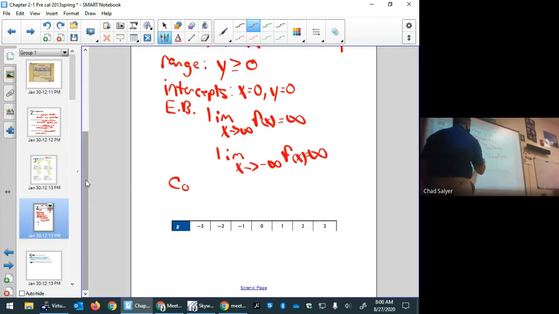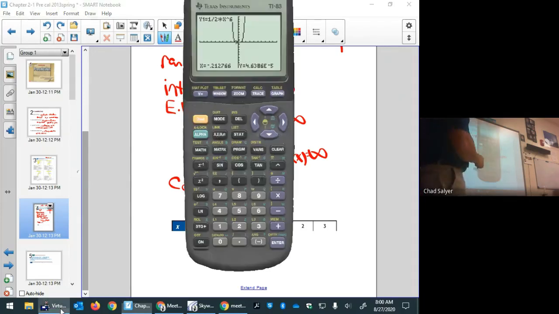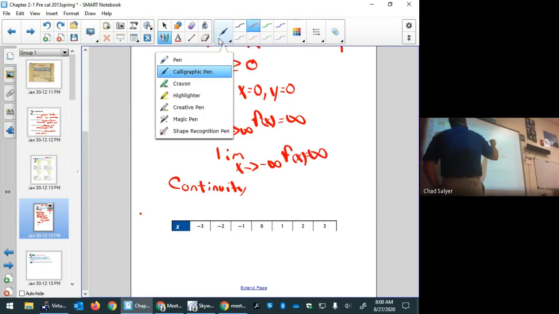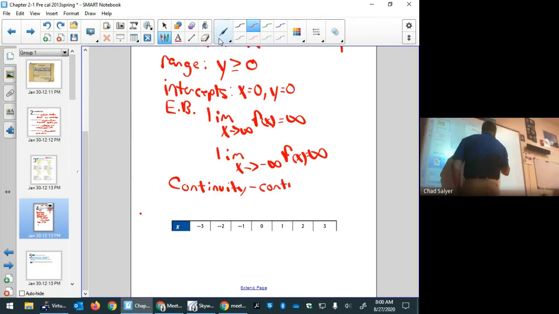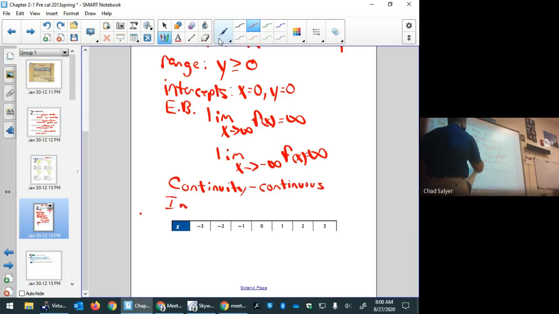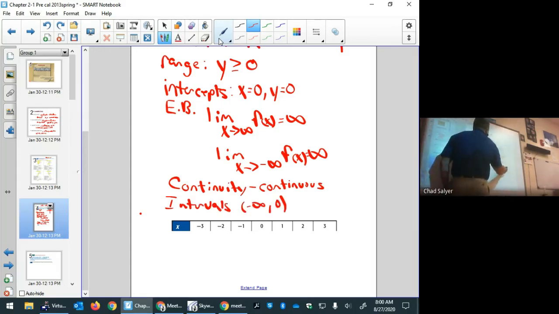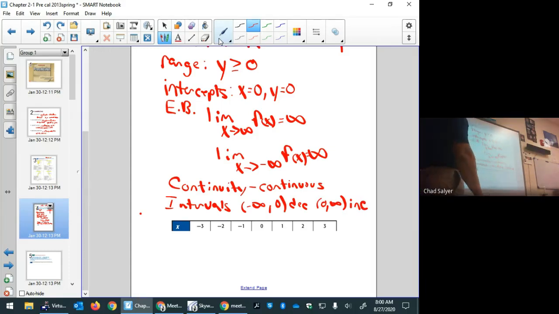So continuity. Just look at this and tell me, can you graph this without picking your pencil up? Yeah, there's never going to be a break. So this is what we call a continuous function. And then intervals, it's got two: negative infinity to 0, on which it is decreasing, and 0 to infinity, on which it is increasing.